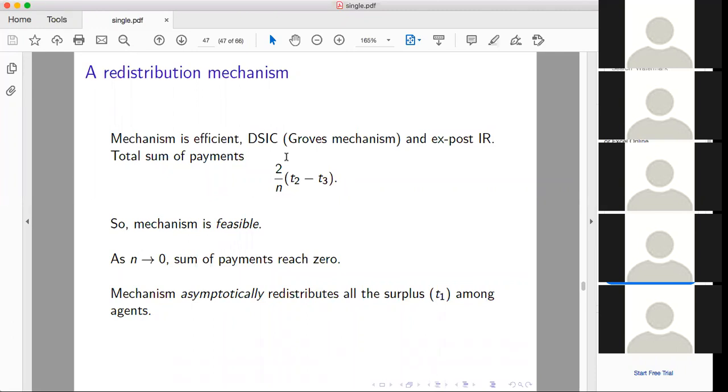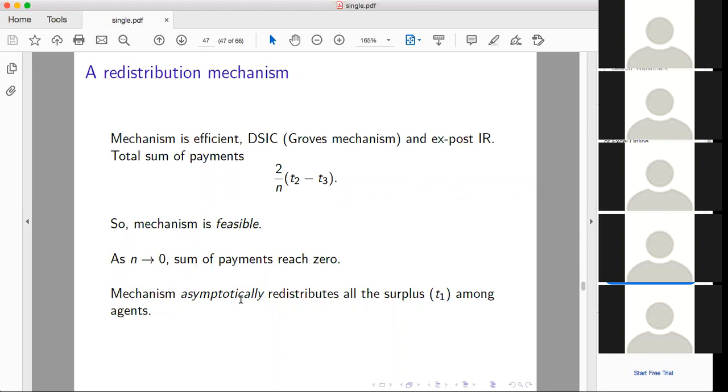Okay, so this is the distinguishing feature of this mechanism from the Vickrey auction. What it means is that this mechanism asymptotically redistributes all the surplus that it is getting from the highest value agent. Agent one is realizing a value of T1, but it is also making this payment, and this payment is being redistributed to all the agents.